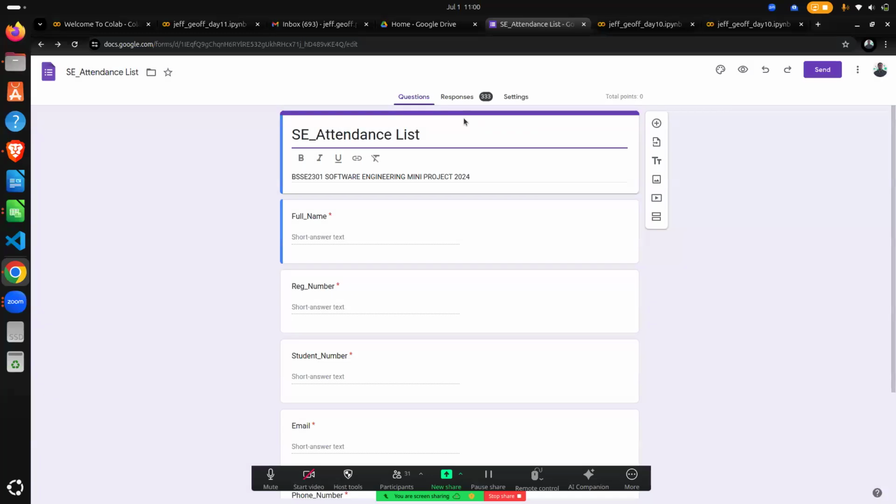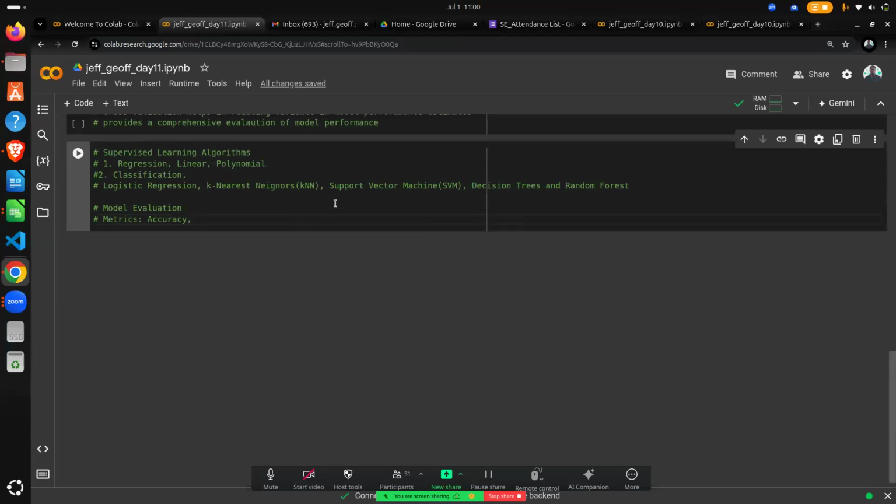Now, what I was still explaining here is that when it comes to evaluating the model, what you need to do basically is look at the metrics like accuracy, precision, recall, and F1 score.